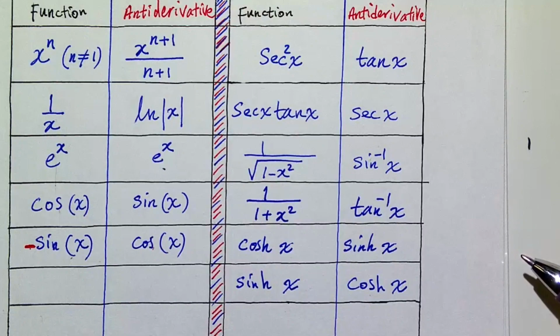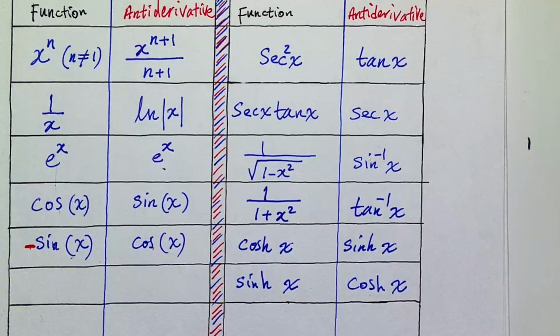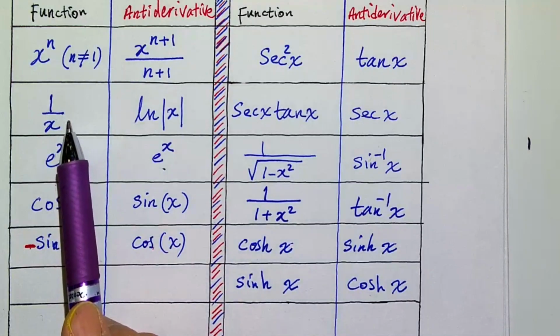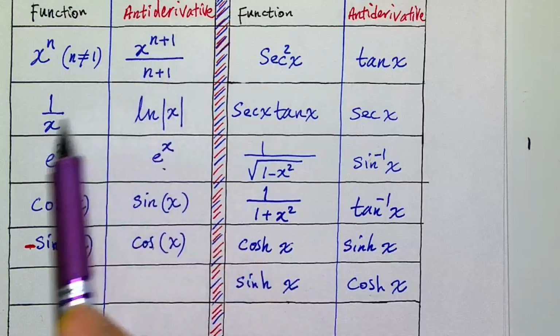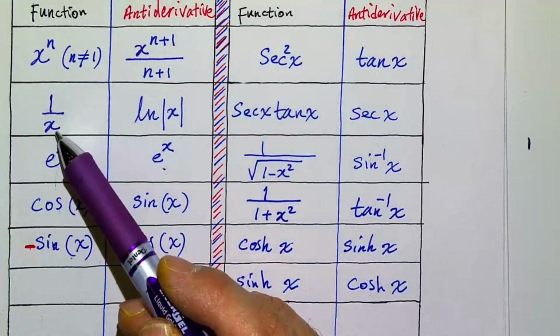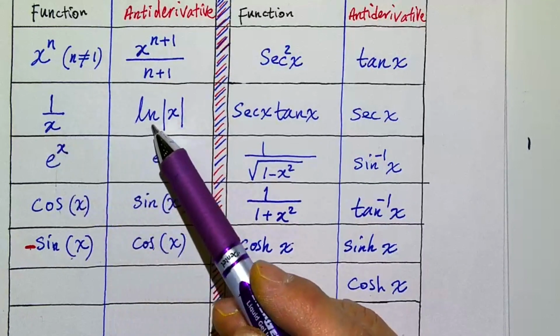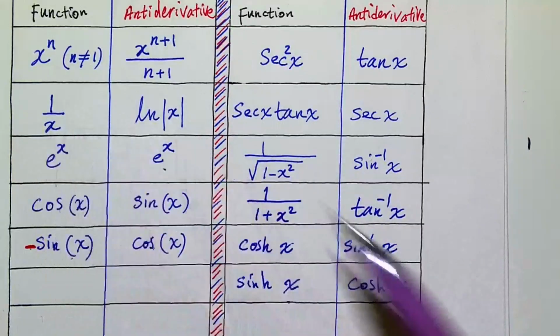So I would check that out. But these are some of the very useful ones. For example, if you have 1 over x, then the antiderivative of that would be natural log of x. If you had 1 over x minus 2, it would be natural log of the absolute value of x minus 2. So this is a very useful one too.